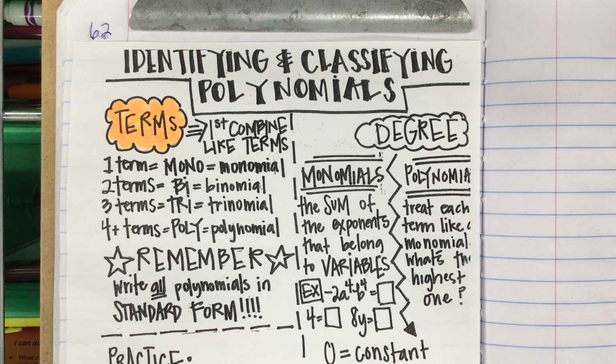Many. So sometimes they will call a binomial a polynomial, because 2 is more than 1. And sometimes they will call a trinomial a polynomial, because it's more than 1. We will be specific and call them binomials, trinomials, and then polynomials.